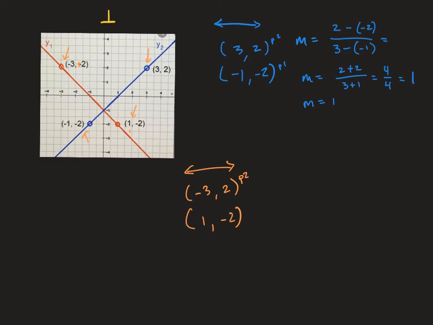So my slope is y2 minus y1 over x2 minus x1, which is positive 4 over negative 4, which is negative 1.